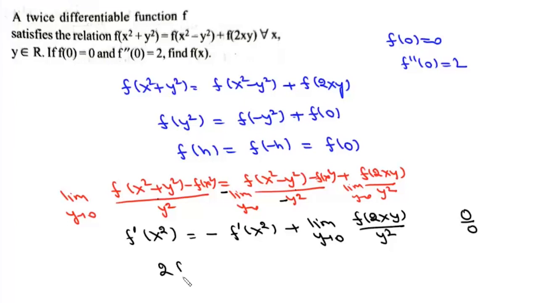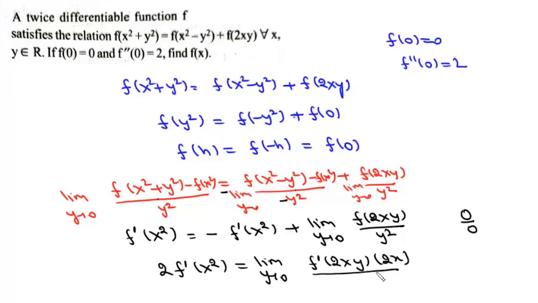So we can write 2 f dash x square equal to this limit y tends to 0, f dash 2xy into 2x upon 2y. And we differentiate this with respect to y, we can say f dash y square into 2y is equal to f dash minus y square minus 2y.